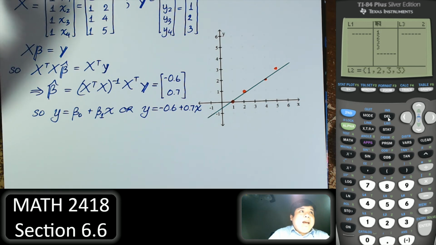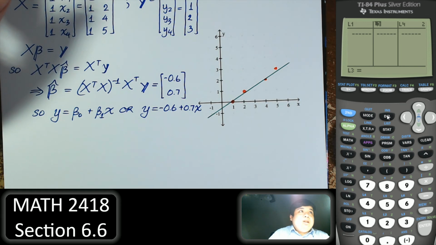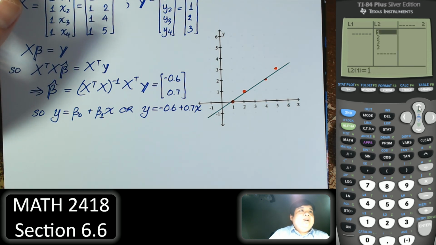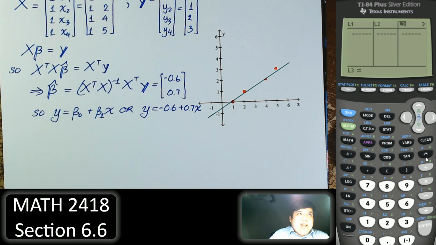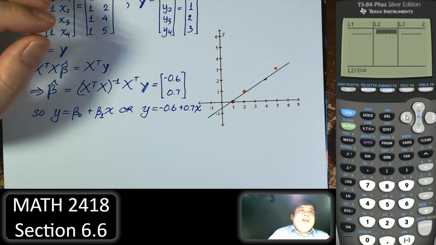If you accidentally hit delete, it will disappear. In that case, you have to just delete the whole thing. And then we can hit second 2. That clears. Right. And then just go here and then we name it again, second 3 for L3. Just don't delete it, just clear the list.